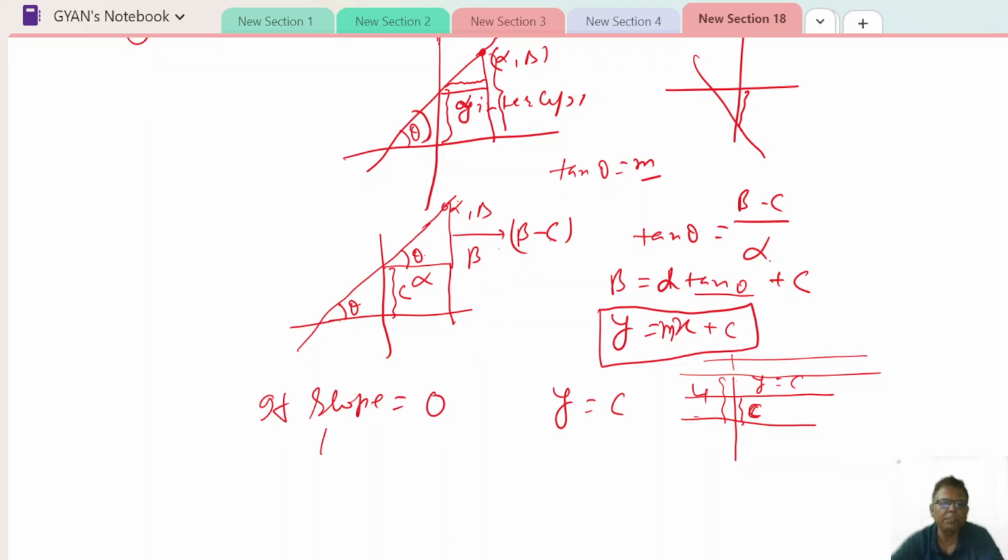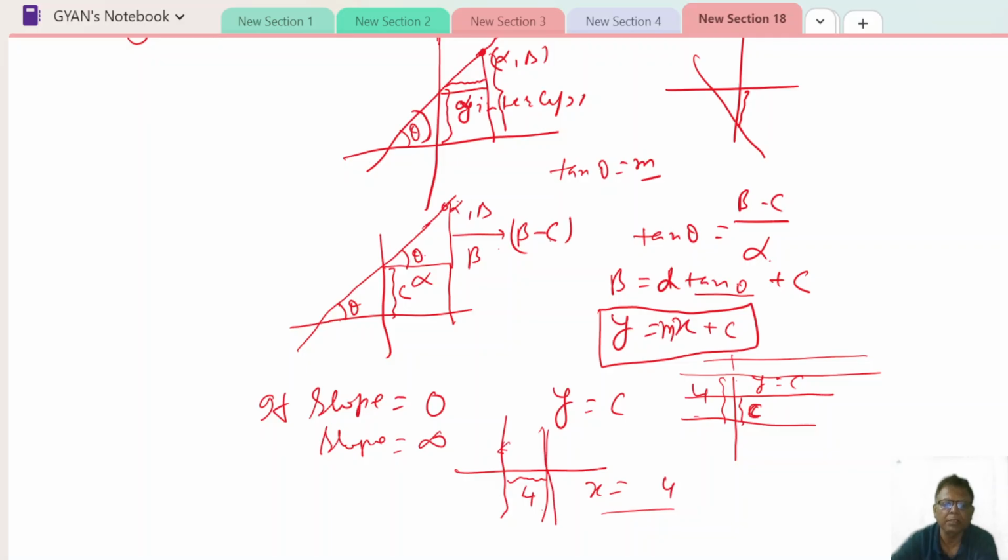If the slope is infinite, that means tan 90 degrees. So then what will happen? So x is equal to 4. Suppose this is the 4 line, 4 distance. Then x is equal to 4, this line.